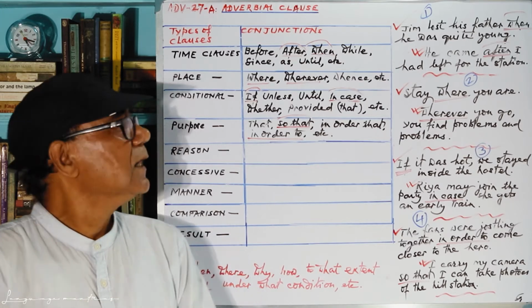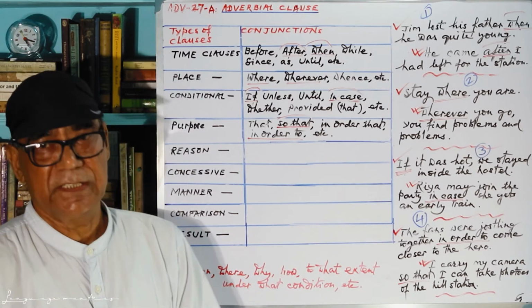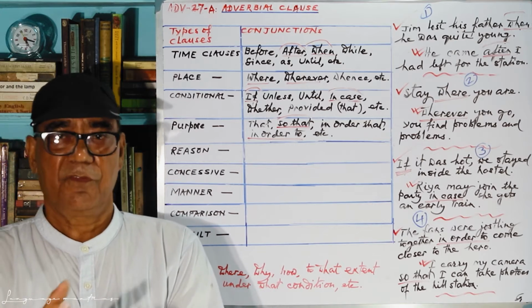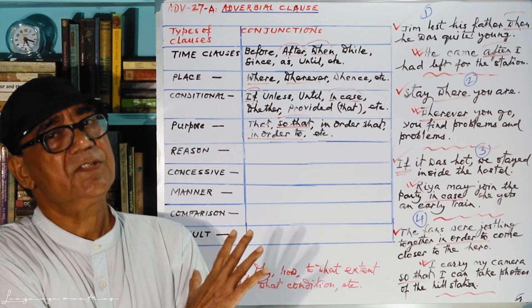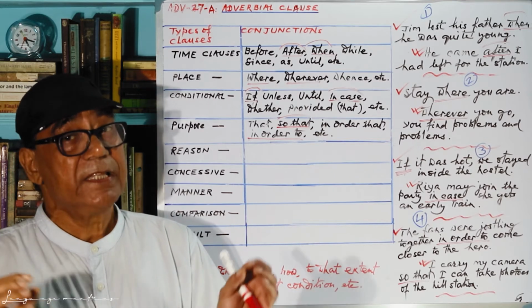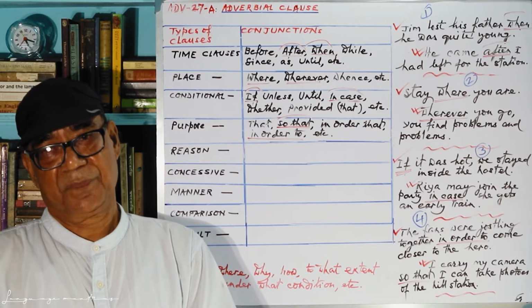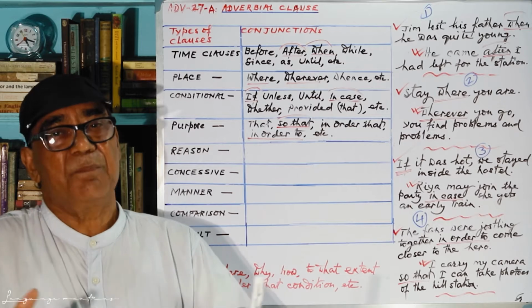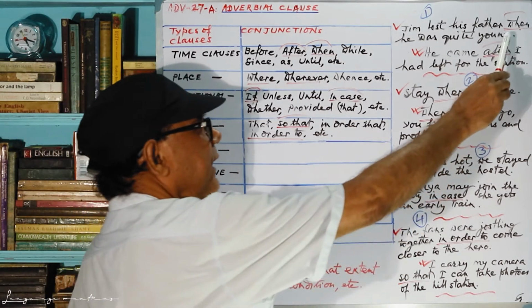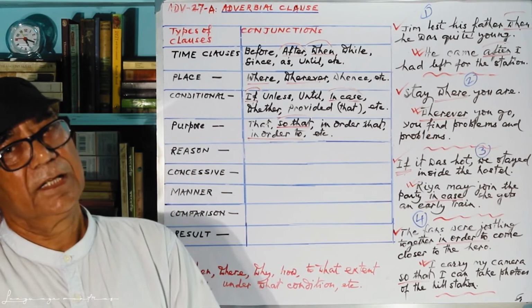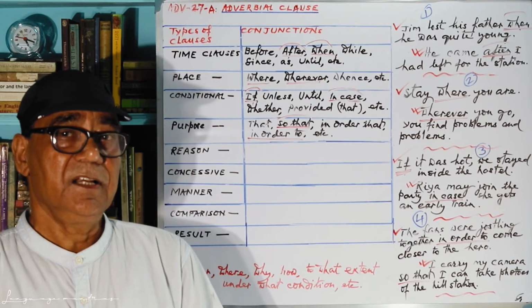When he was quite young, Jim's father died. This is what this sentence means. So these two parts coming together give a comprehensive and better meaning of the whole sentence. And it begins with when, therefore it is an adverbial clause.